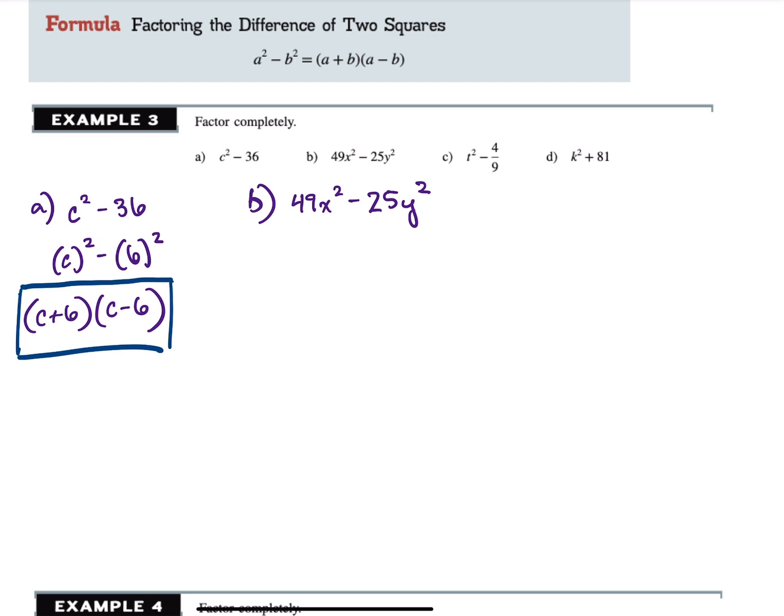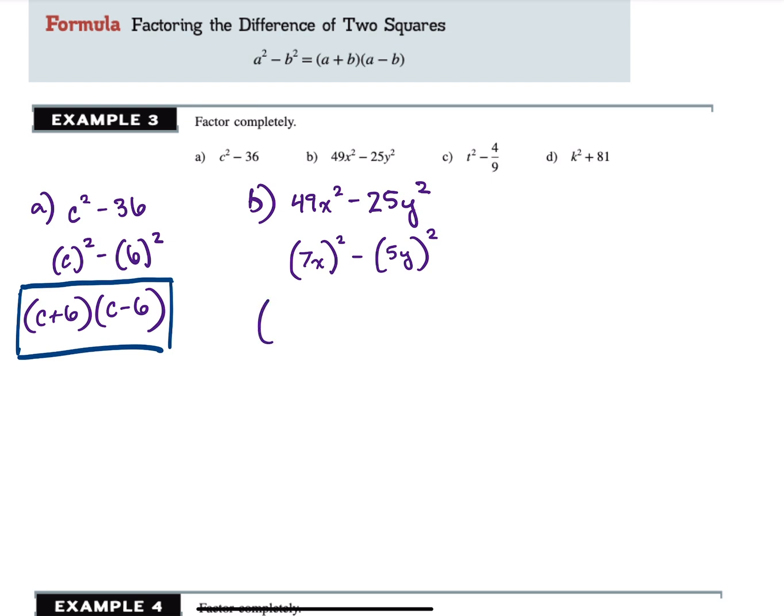The first term is 49, which is 7 times 7. So this can be written as 7x squared. And then our second term is 25y squared. And 25 is 5 times 5. So this can be written as 5y squared. So we have a difference of two squares.